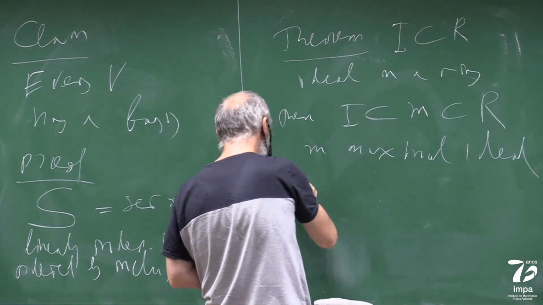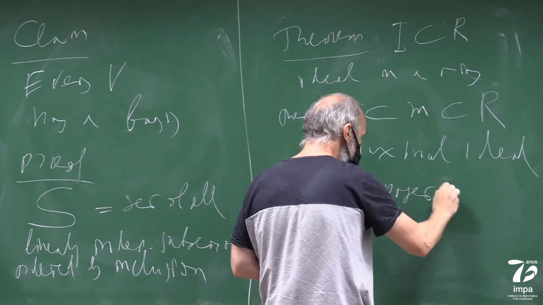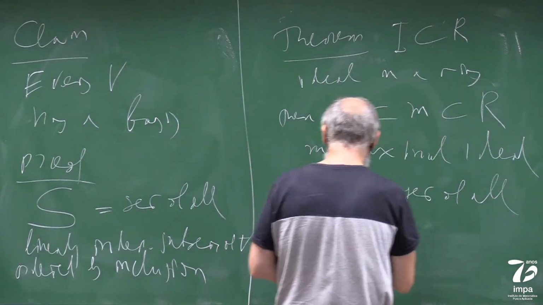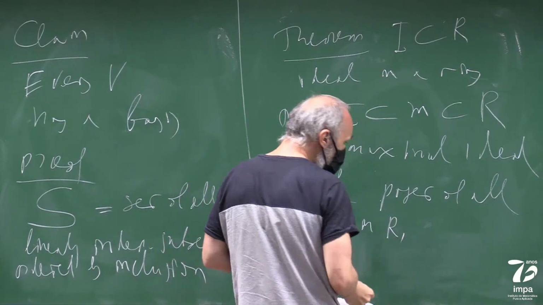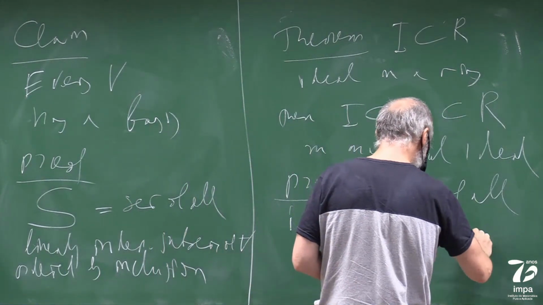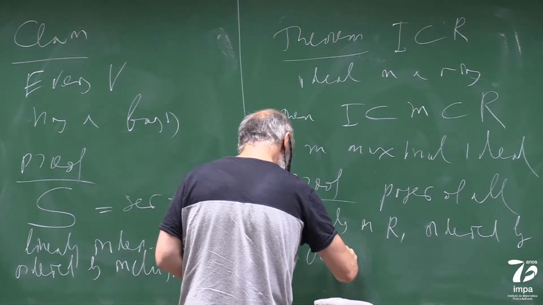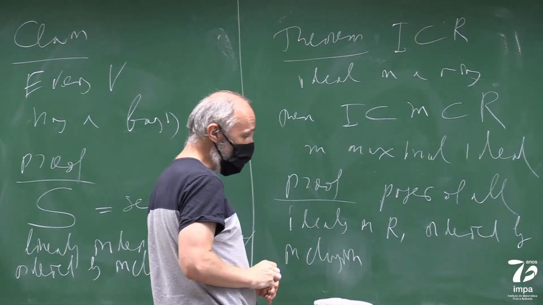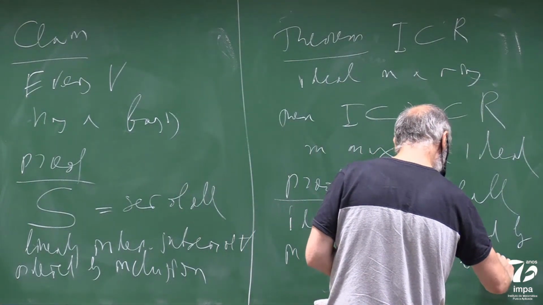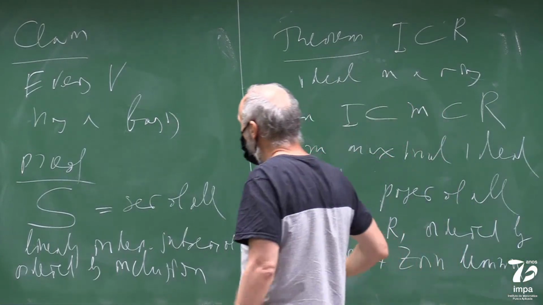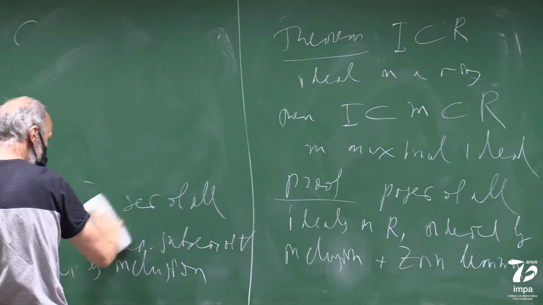And the proof: consider again the poset of all ideals in R ordered by inclusion, and apply Zorn's lemma. Of course, to apply Zorn's lemma, you have to check that it can be applied.